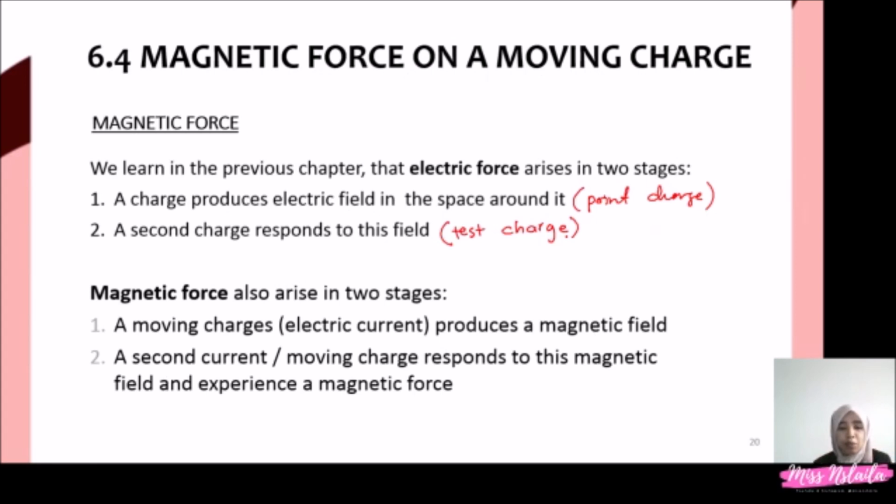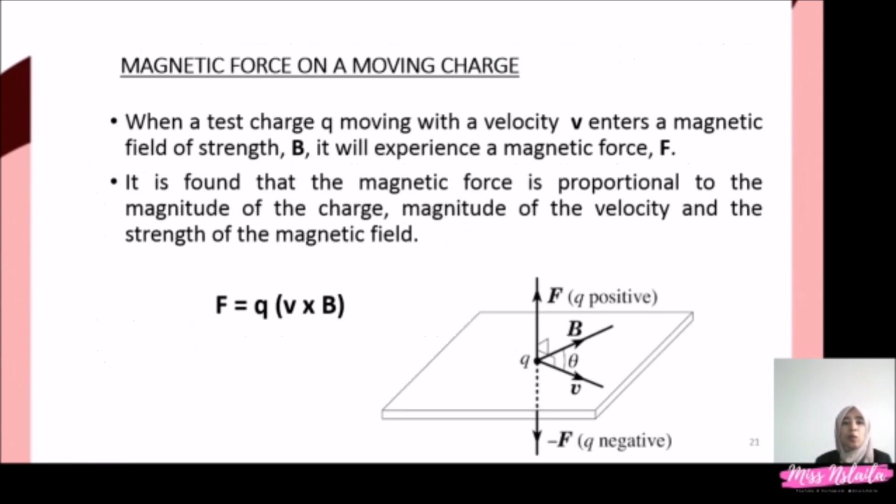For this subtopic, you need to focus on the moving charge, a proton or electron that moves in a magnetic field area. We want to see what is the magnetic force exerted on that proton or electron. When a test charge, let's say a proton or electron, moves with a velocity and enters a magnetic field strength B, it will experience a magnetic force.